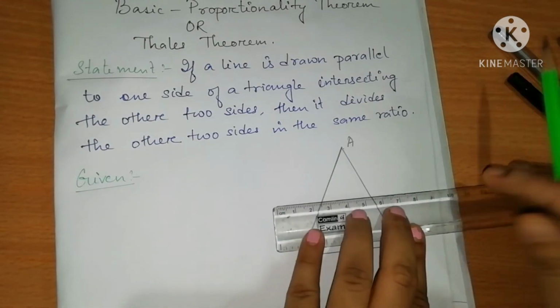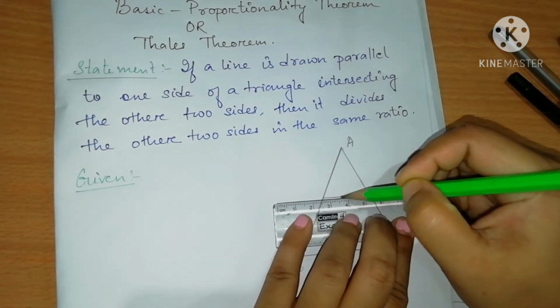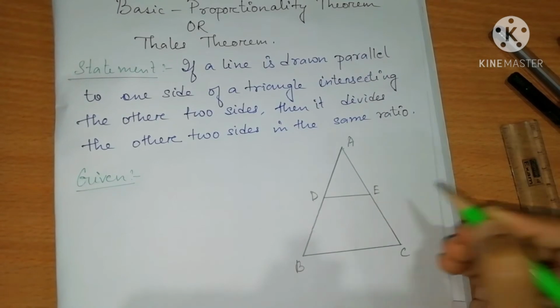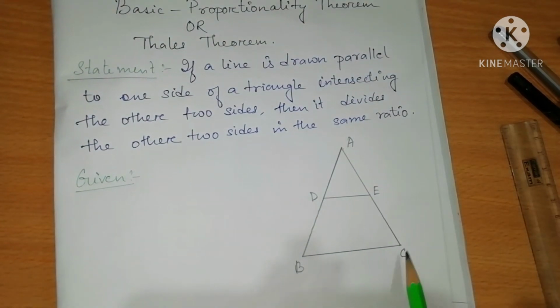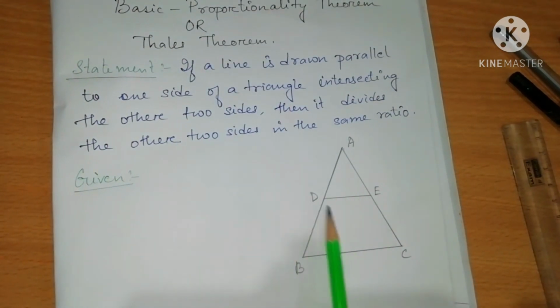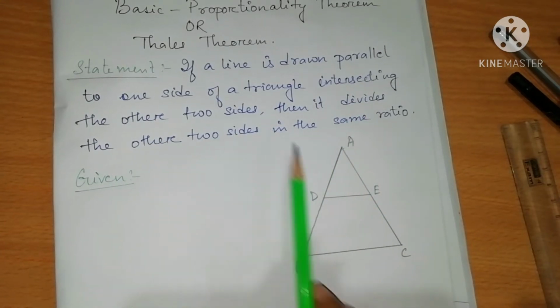Let us draw the line DE, which is parallel to BC. So I have drawn a line parallel to one side of the triangle, that is BC, intersecting the other two sides.